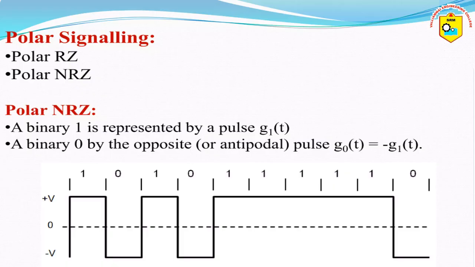As you can see, when bit 1 is transmitted it is plus V, the positive amplitude, and when bit 0 is transmitted it is minus V, the negative amplitude. In non-return to 0, within the bit duration TB or T0, the pulse will not return to 0.